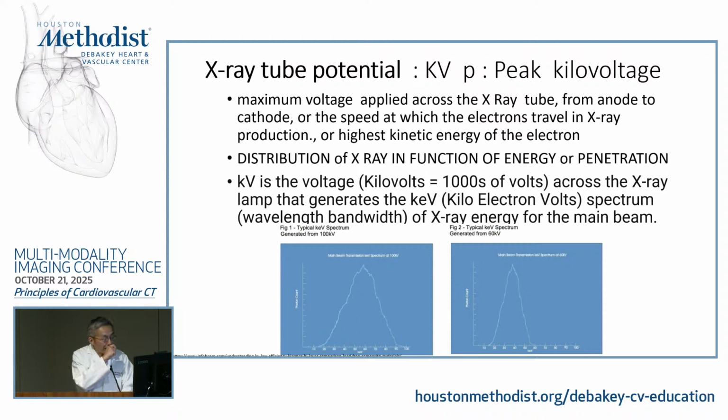When you apply a KV, that's why you generate what we call KEV, which is the spectrum or wavelength, the X-ray energy, for the main beam. And this is important to talk about photon counting CT later, because when you apply a KV through the source, you generate different energies.